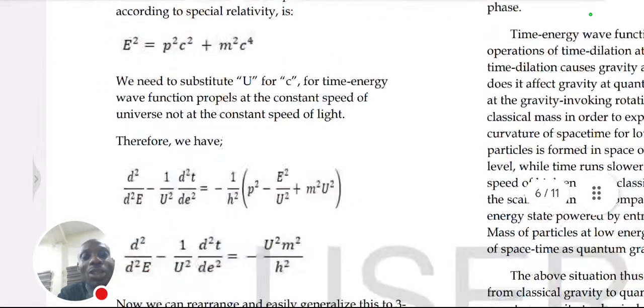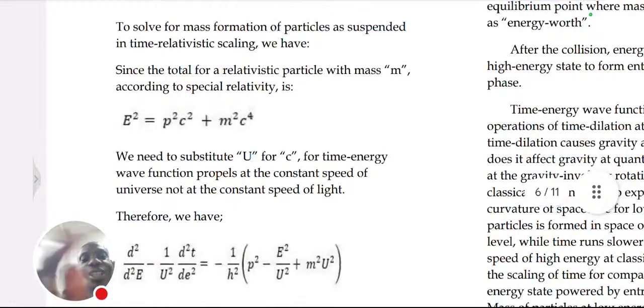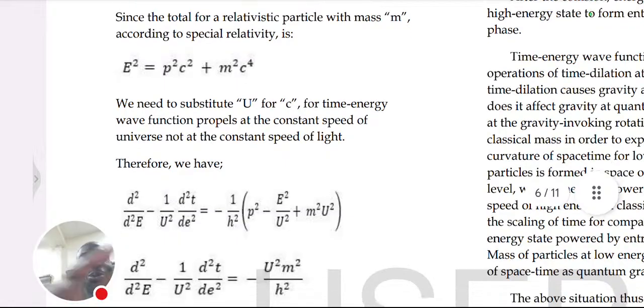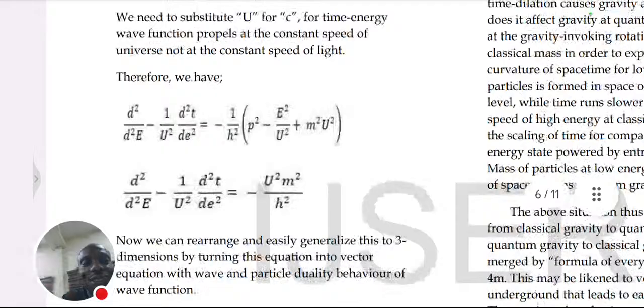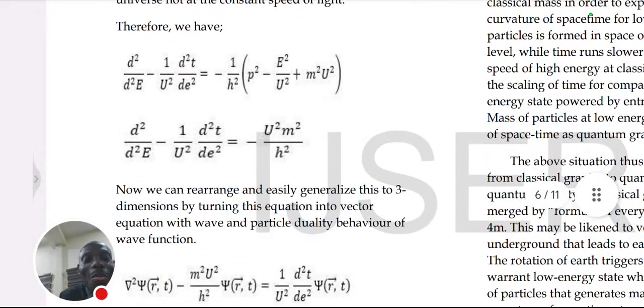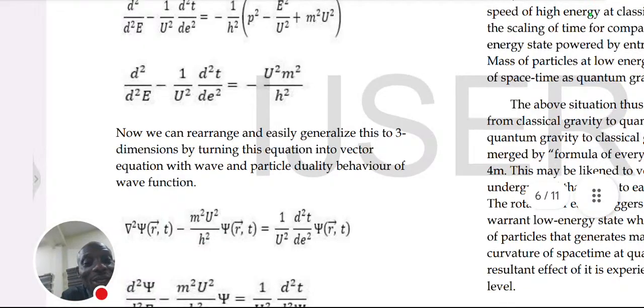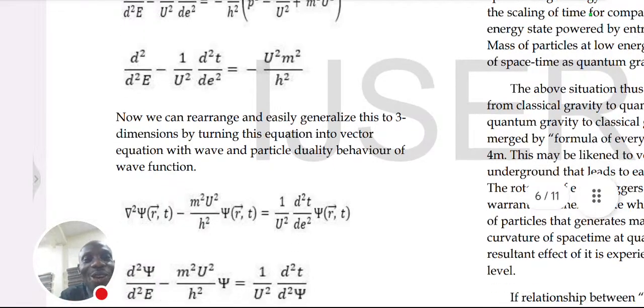But now see what happens. We have this to be the relativistic mass worth according to special relativity as declared by Albert Einstein. Now, the moment we integrate this relativistic mass worth into the equation, we then realize that something happened.